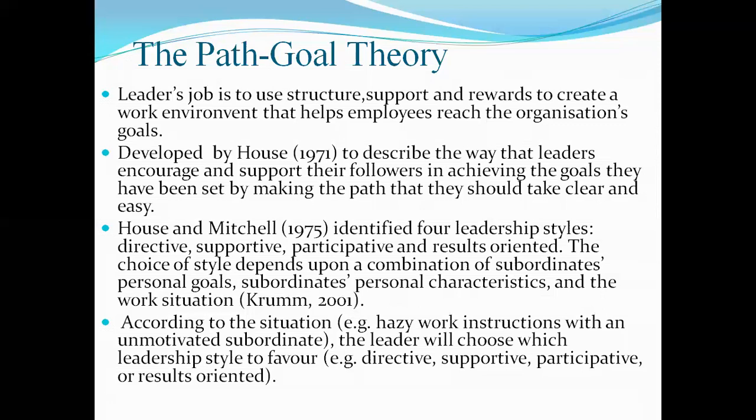For example, directive or supportive, and participative or result-oriented. So in path goal theory, the leader's job is to use structure, support, and rewards to create a work environment that helps the employees reach the organizational goals.